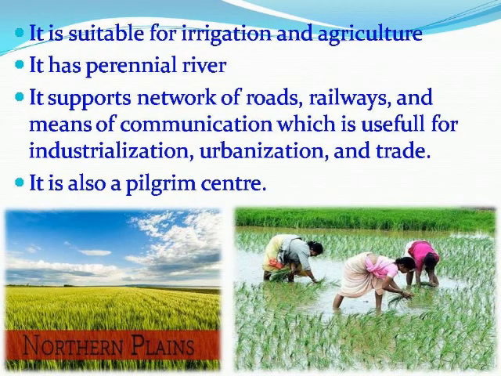It is suitable for irrigation and agriculture. It has perennial rivers, a continuous flow of river. It supports a network of roads, railways and means of communication which is useful for industrialization, urbanization and trade. It is also a pilgrim center.